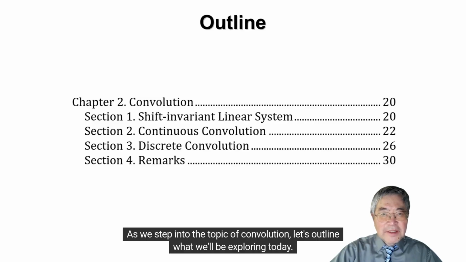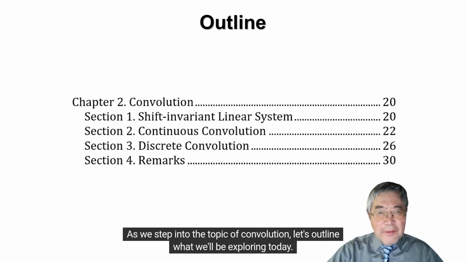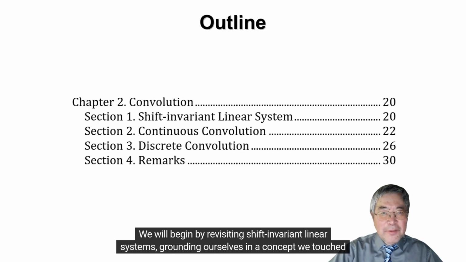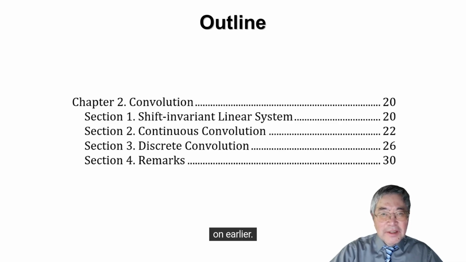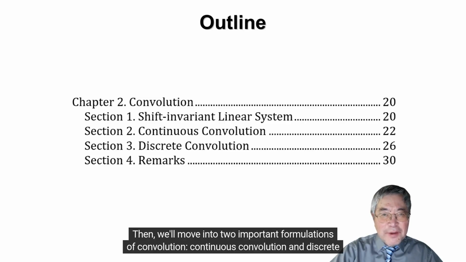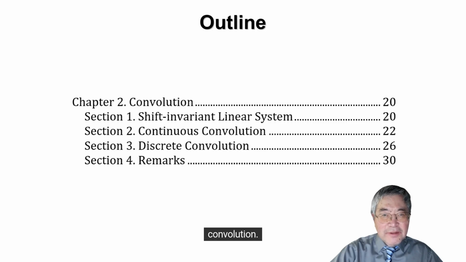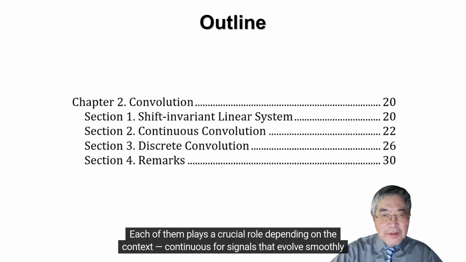As we step into the topic of convolution, let's outline what we'll be exploring today. We will begin by revisiting shift-invariant linear systems, grounding ourselves in a concept we touched on earlier. Then we'll move into two important formulations of convolution, continuous convolution and discrete convolution. Each of them plays a crucial role depending on the context.